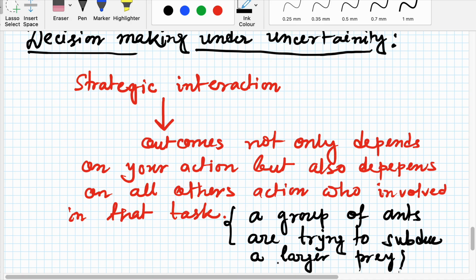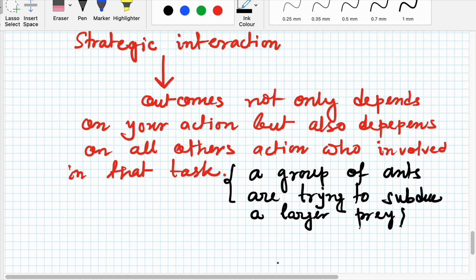They can successfully kill the prey only when all the ants together attack it, and then this group of ants can successfully take their prey to the nest. So this is a strategic interaction.